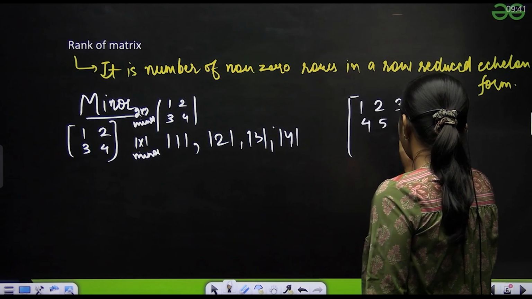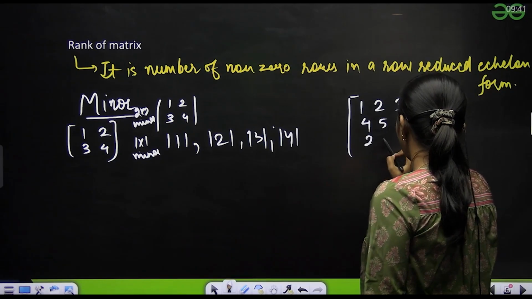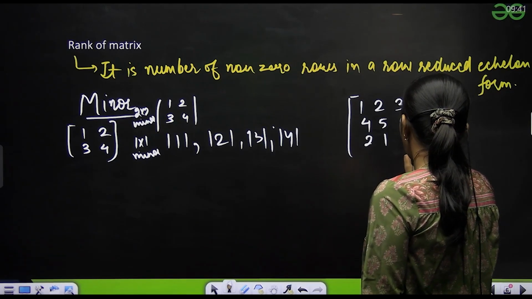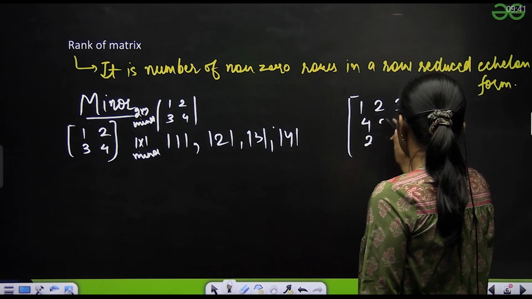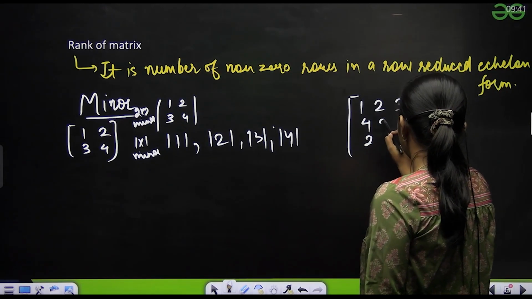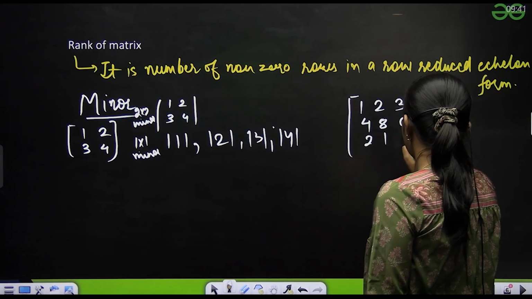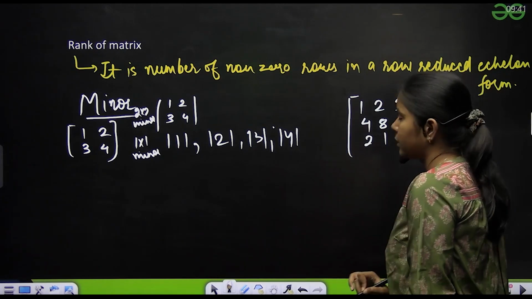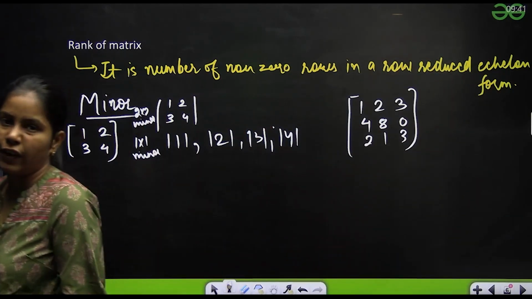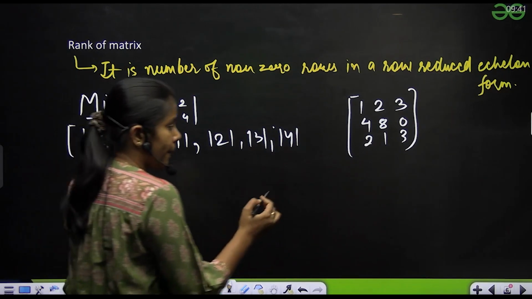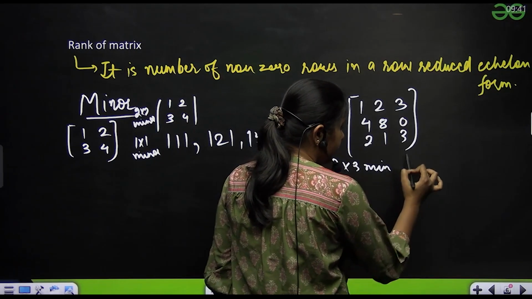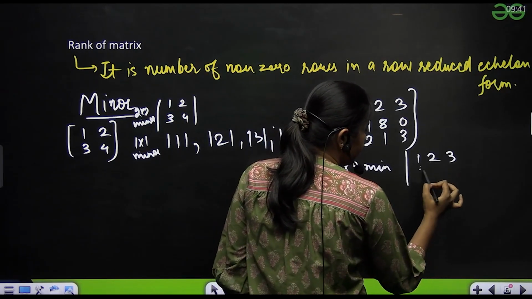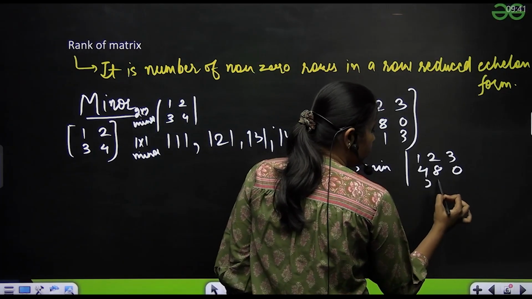Similarly, if I have a 3 cross 3 matrix, let's say 1 2 3, 4 5 6, 2 1, and so on, this is my matrix, right? If I take the 3 cross 3 minor, this is the matrix itself, the determinant of 1 2 3, 4 8 0, 2 1 3.